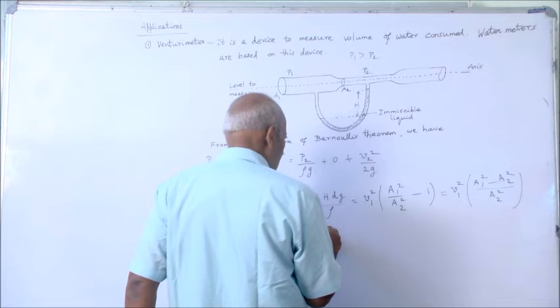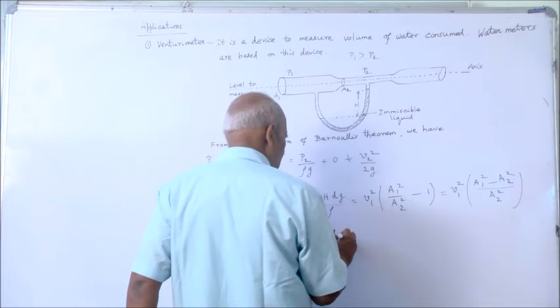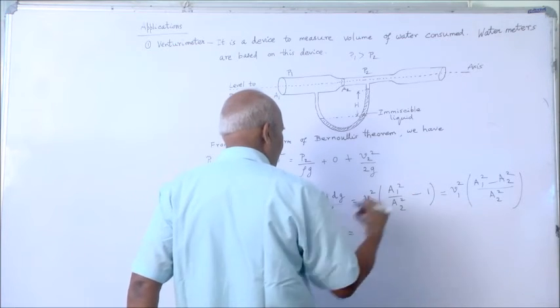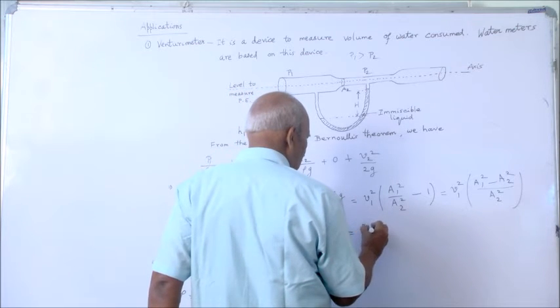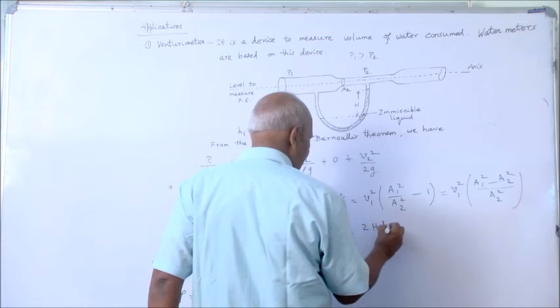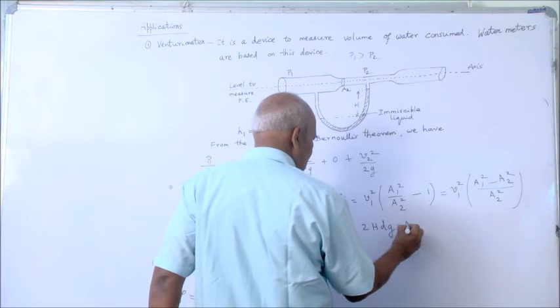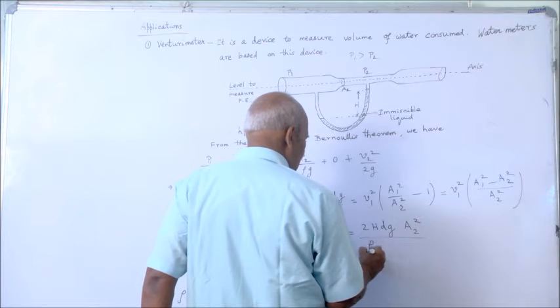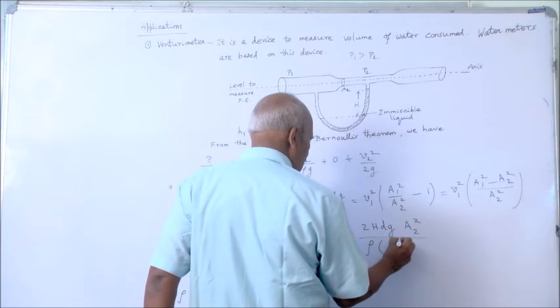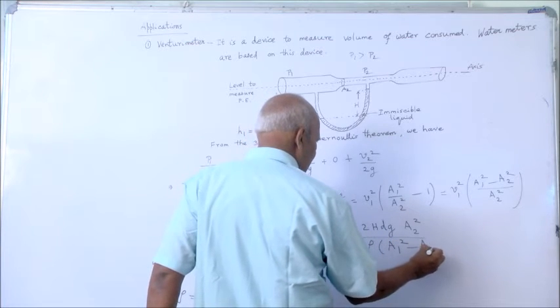So, from this you find V1 square. How much is V1 square? V1 square is 2 HdG, then A2 square divided by rho into A1 square minus A2 square.